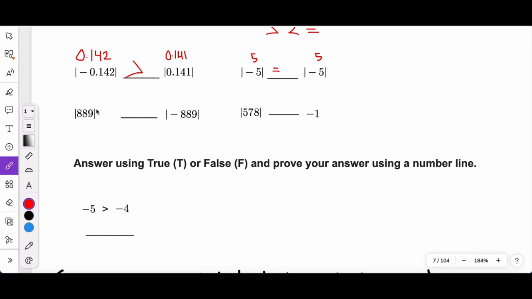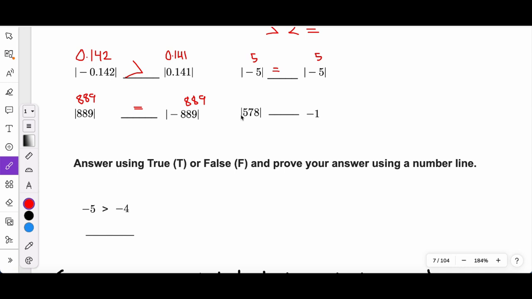The absolute value of 889 is blank to the absolute value of negative 889. So I'm going to solve that on top. We're going to make this one stay the same since it's still positive, and we are going to get rid of the negative sign right here, and make it 889. So that's why they are still equal. We're going to use that sign.